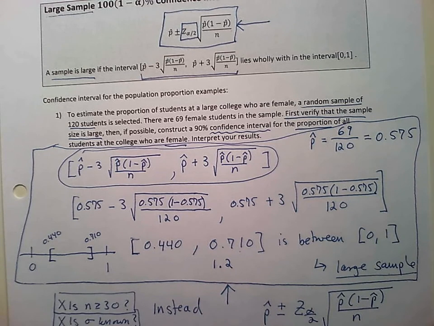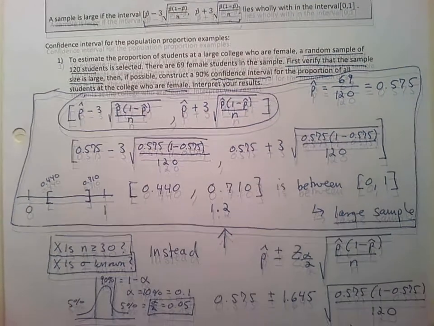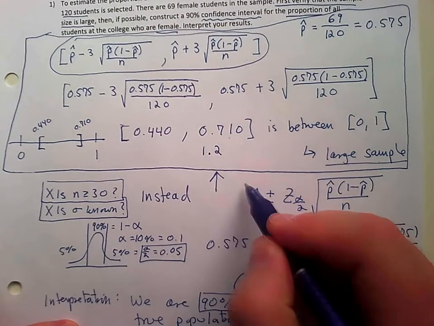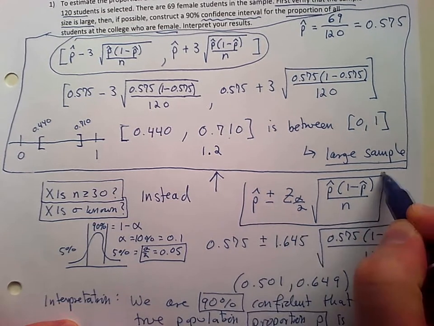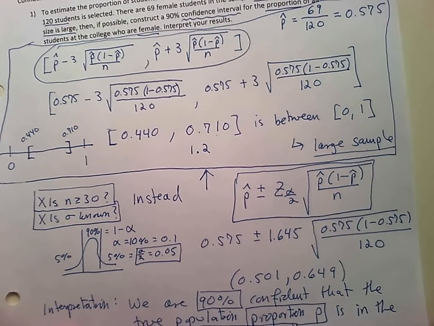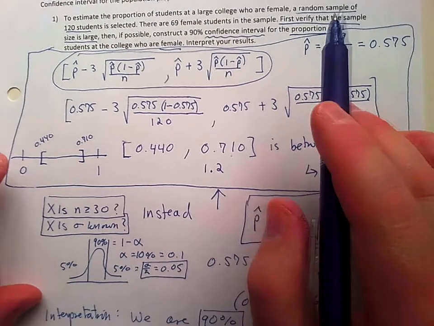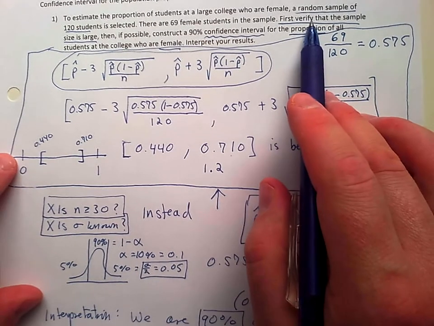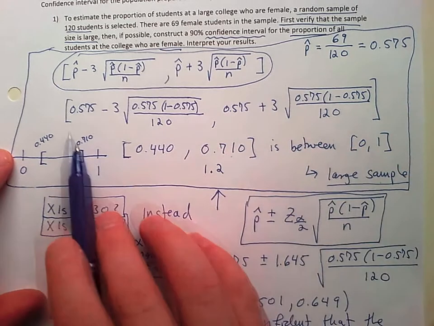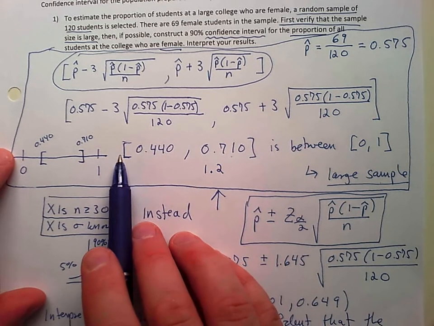If it does not ask you to first verify that the sample size is large, you can assume that it is large and just jump straight to this confidence interval formula right here. So let me say that again. If the problem asks you to first verify that the sample size is large, you have to do this first part up here.